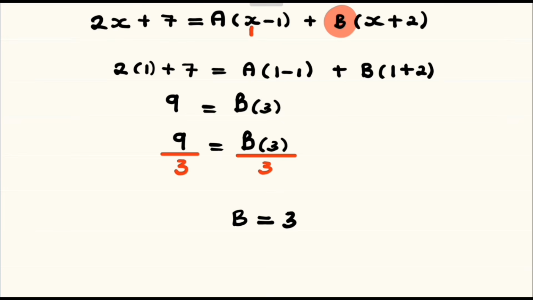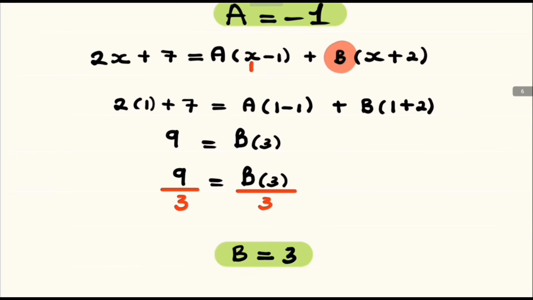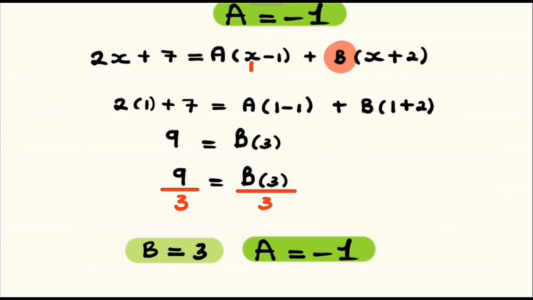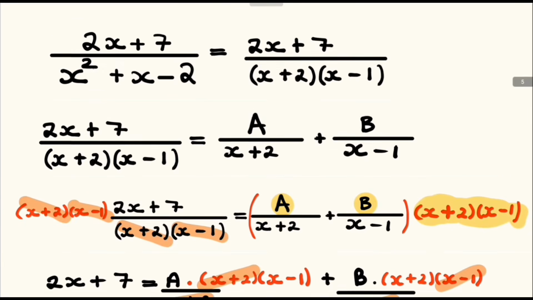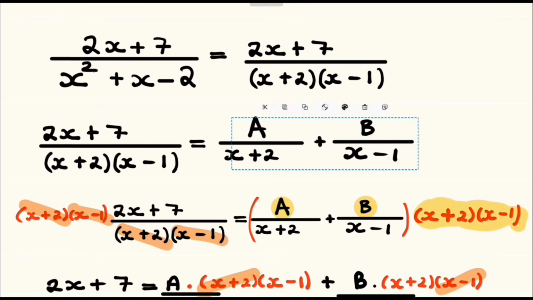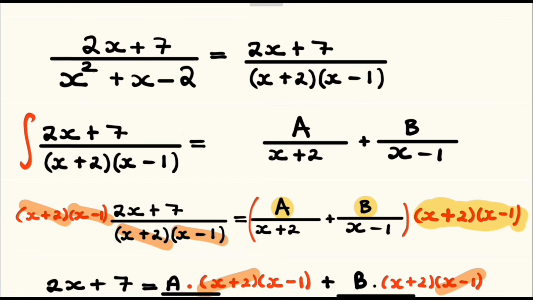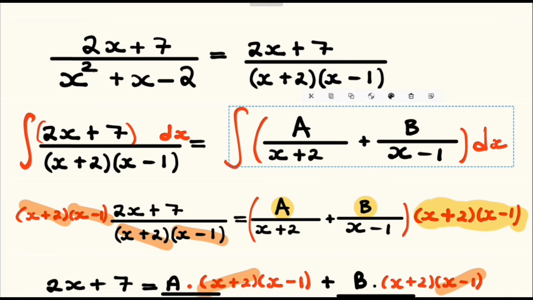So now we substitute the a and the b, since we have our b is equal 3. So now let's have this a here. We copy and paste. So remember that by integrating the left hand side is just the same as integrating the right hand side. So the integral of this on the left is equal to the integral of what we have on the right, provided that we have the numerical value of a and b, of which we have.